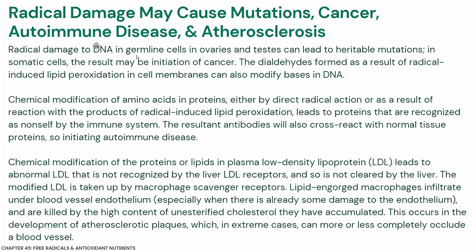On the germline cells of the ovaries, that's the egg cell, and the testes, that's the sperm cell, and can lead to heritable mutations of somatic cells and result to cancer. The dialdehydes formed as a result of radical induced lipid peroxidation in cell membranes can also modify the bases, purine and pyrimidines in DNA.